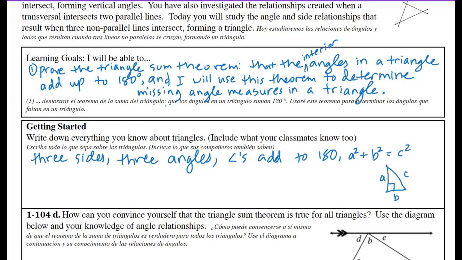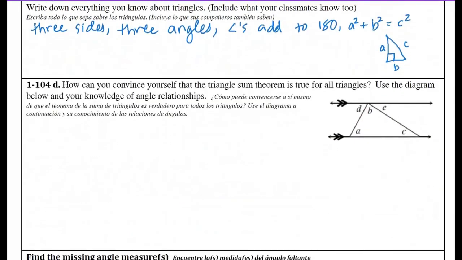Whatever you may have said, it will help you make your learning permanent to predict what we might be talking about. 1-104D. How can we convince ourselves that the triangle sum theorem is true for all triangles? We will use the diagram right here and our knowledge of angle relationships.